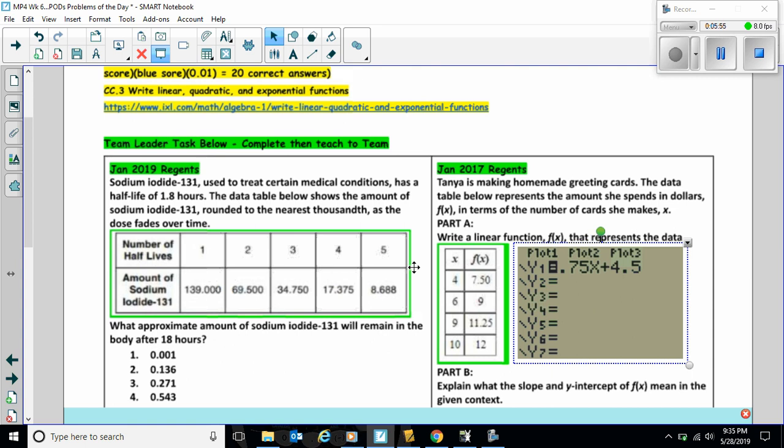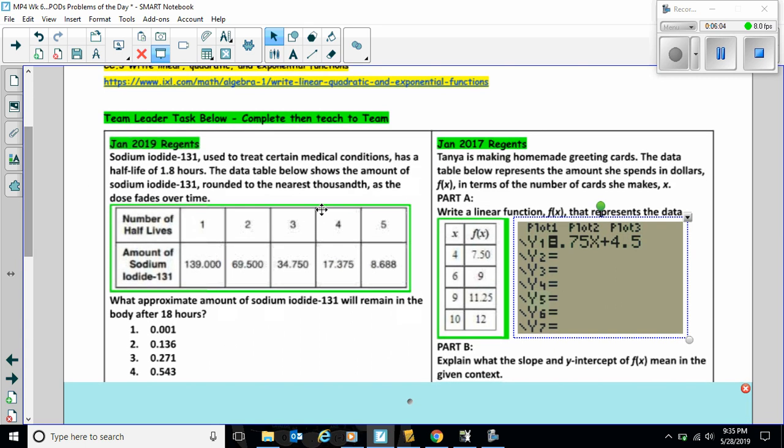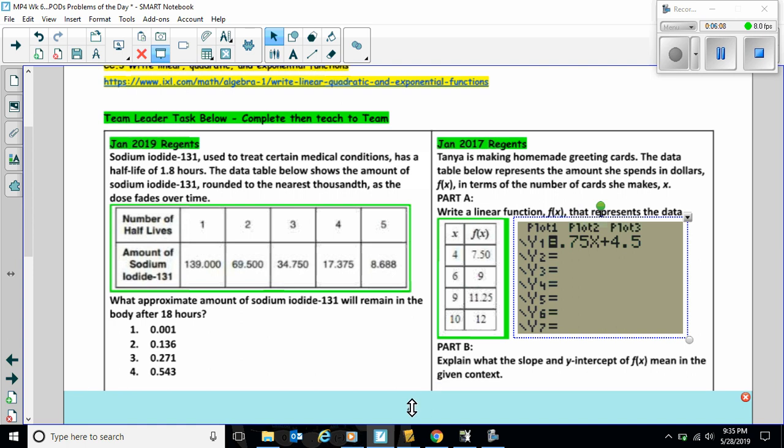Now part B is asking what the slope and the y-intercept of f of x mean in this given situation. So what we must remember is that the cost of creating the greeting cards is going to be 75 cents for every greeting card.